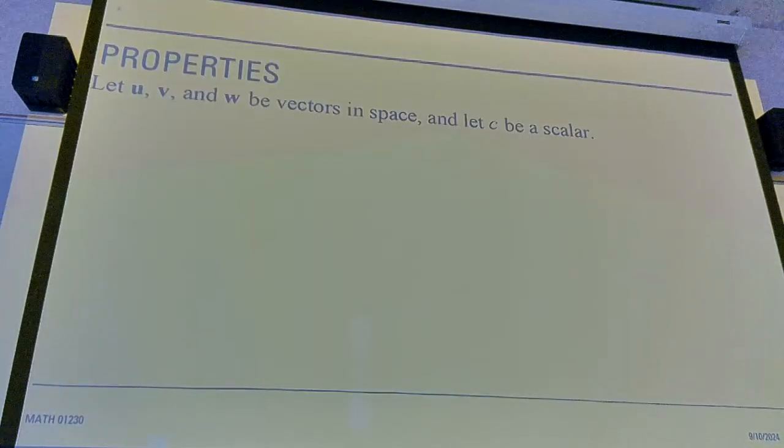However, U cross V and V cross U are additive inverses of each other. This is known as the anti-commutative property.